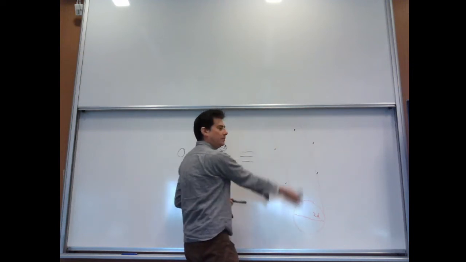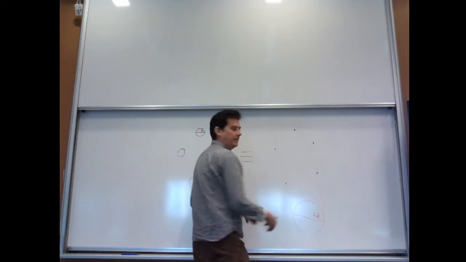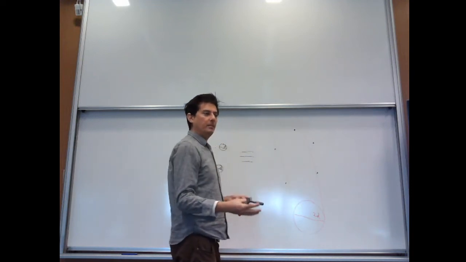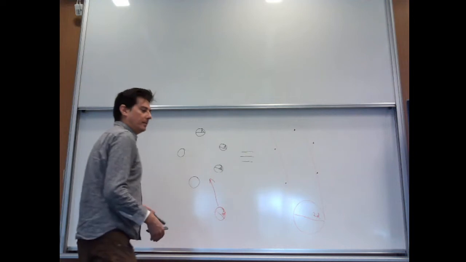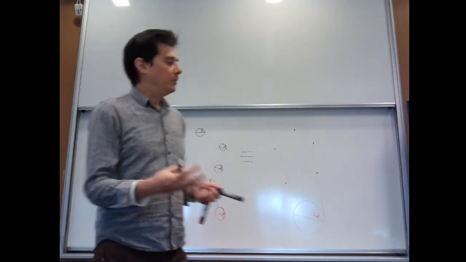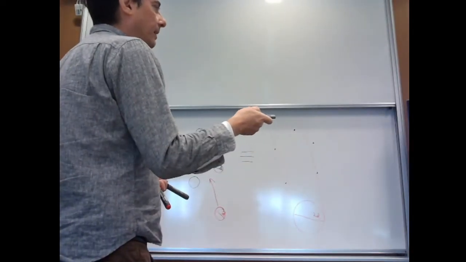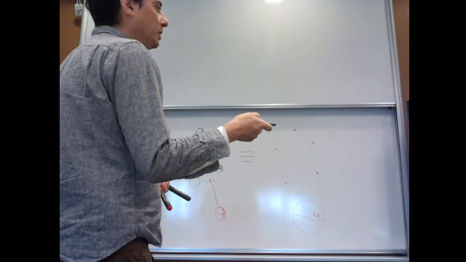If it travels a distance of 1 centimeter in that time interval and hits something 7 times, then it would be 1 centimeter divided by 7. So that would be the mean free path. What we're working out is the distance divided by the number of collisions.